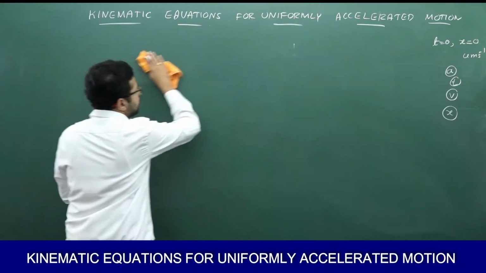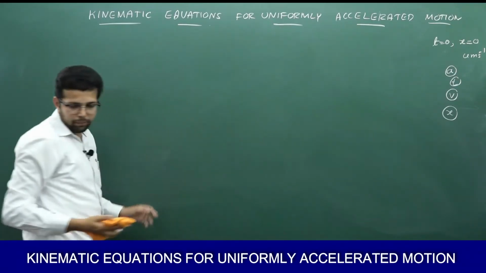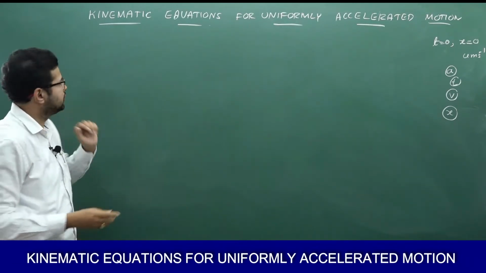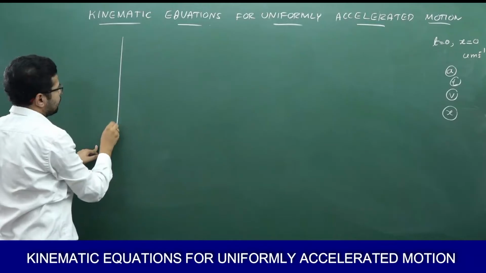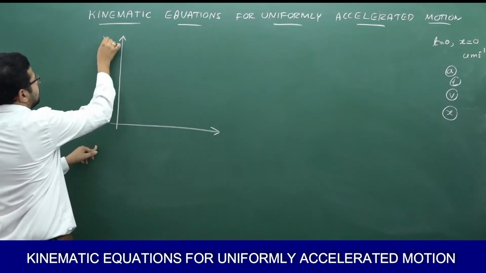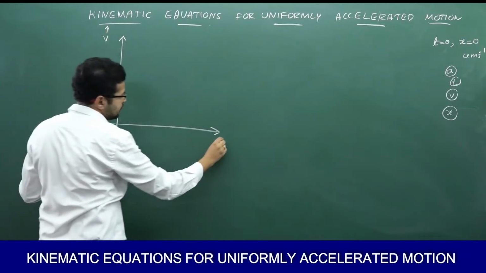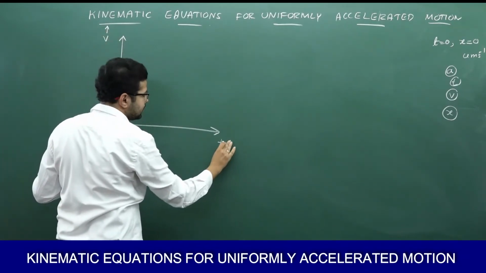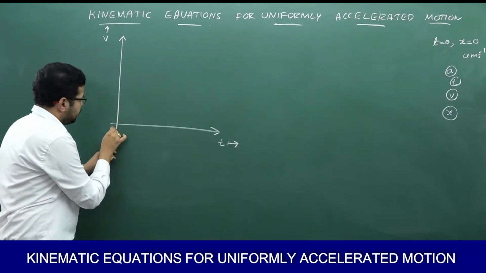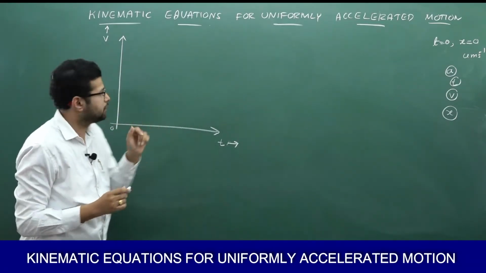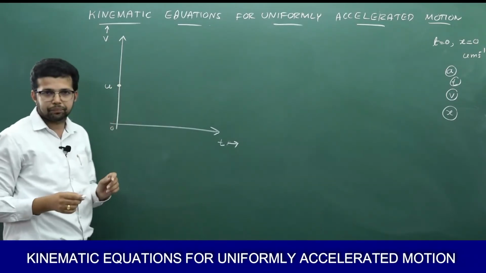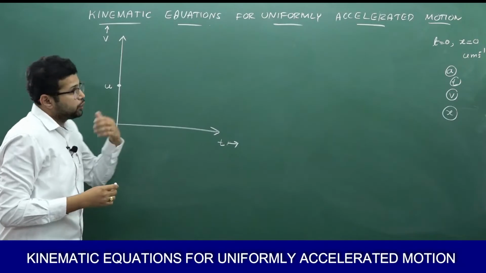Now, what we will do? Let me draw a velocity time graph for this process. Velocity is taken along the y axis, time is taken along the x axis. At t is equal to 0, velocity is u meter per second. Say this point is u meter per second, and it moves with constant acceleration.